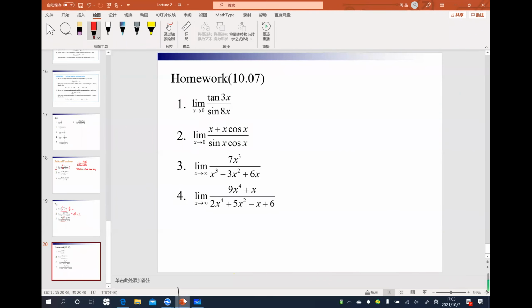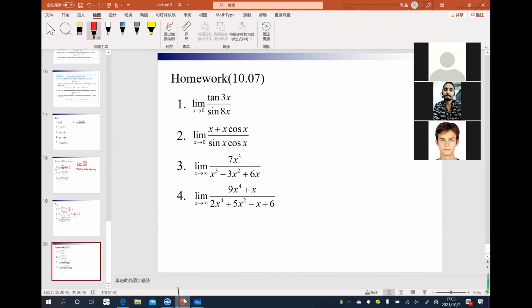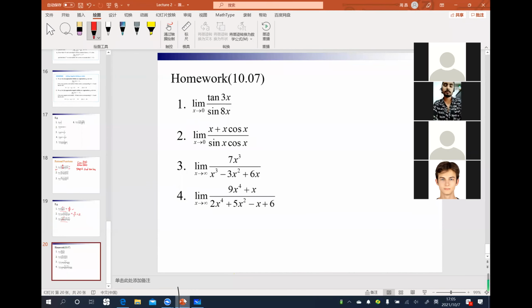Please send your homework to my email. That is more convenient for me to check who submitted. My email is here. Laoshi, please give it to me in the WeChat group, it will be better. Okay, I will give you in the WeChat group.